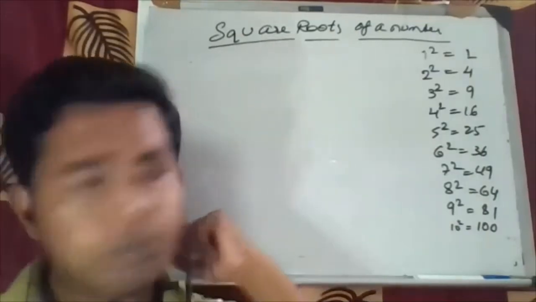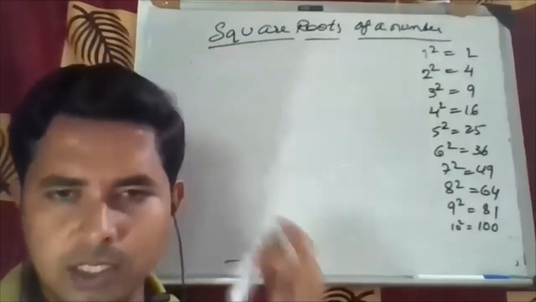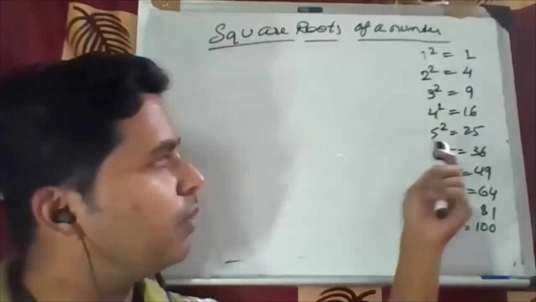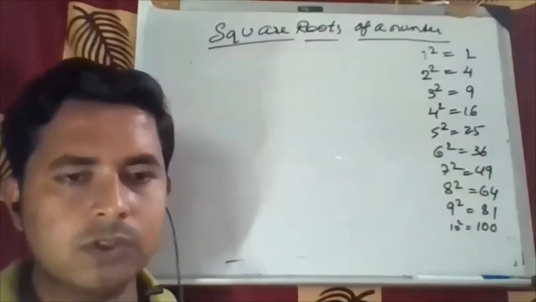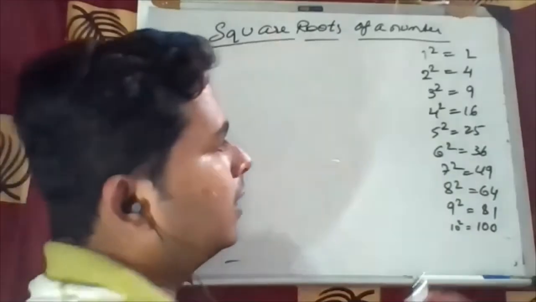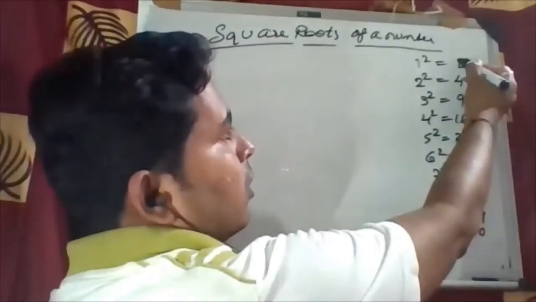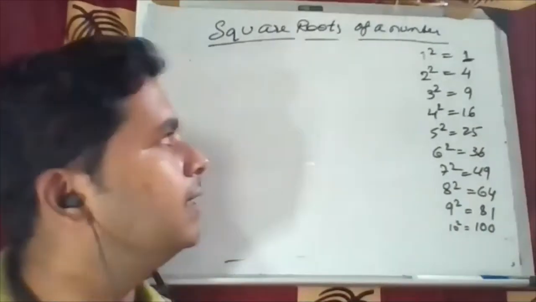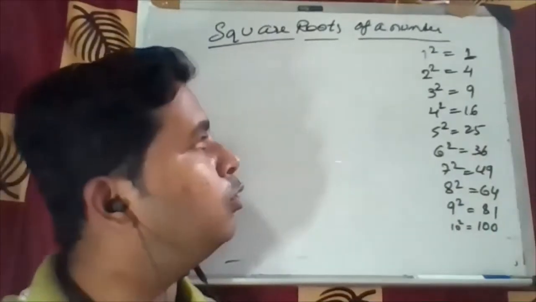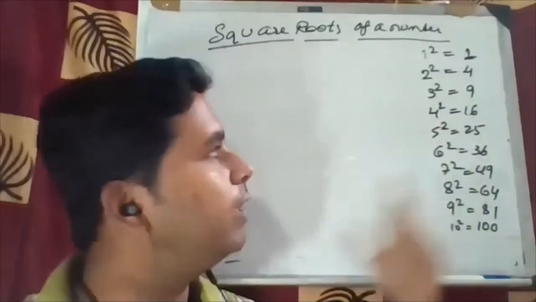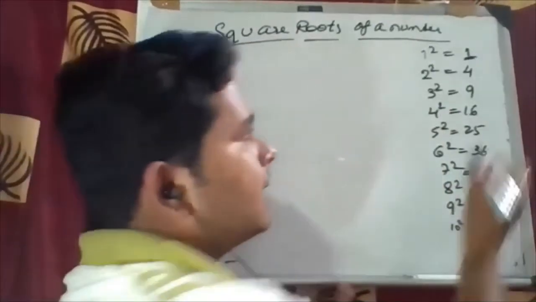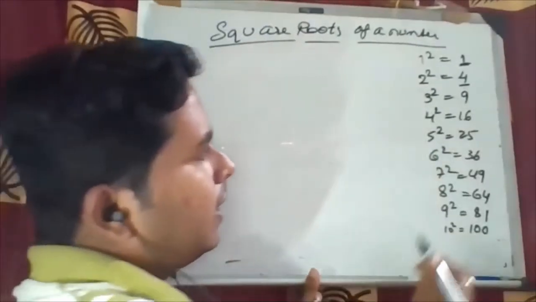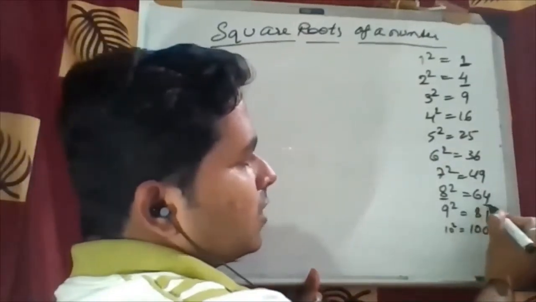Now before going to the question type, you should observe the square values of 1 to 10. 1 square has only 1 digit. If you take 2 square, the unit digit of the answer is 4. And 8 square, 64, also has unit digit 4.